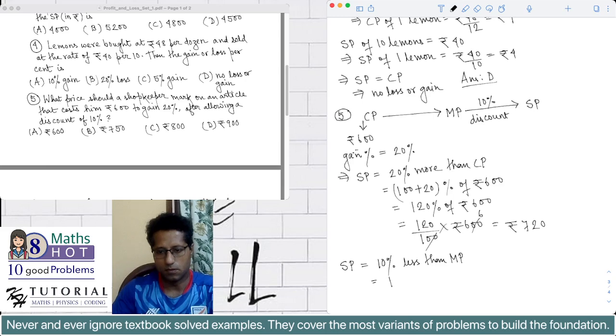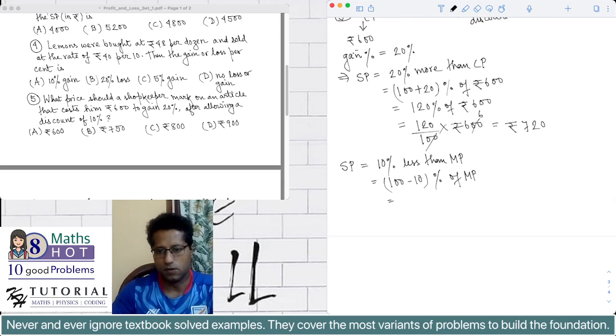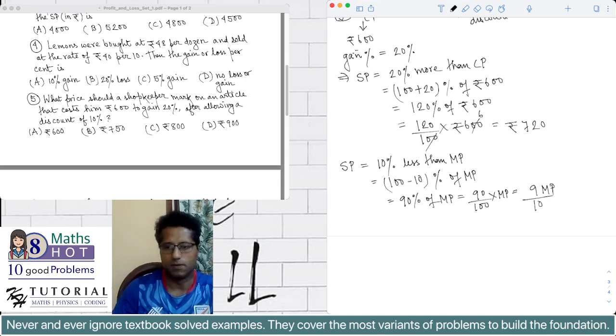This is equal to 100 minus 10% of the mark price, which is 90% of mark price, which is 90 by 100 multiplied by mark price, equal to 9 by 10 multiplied by mark price.